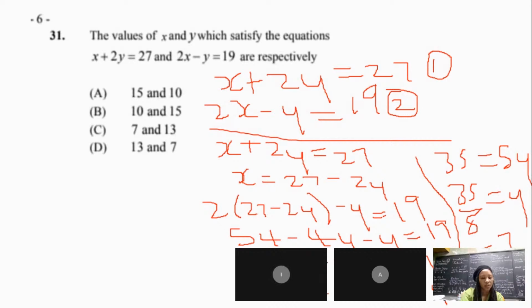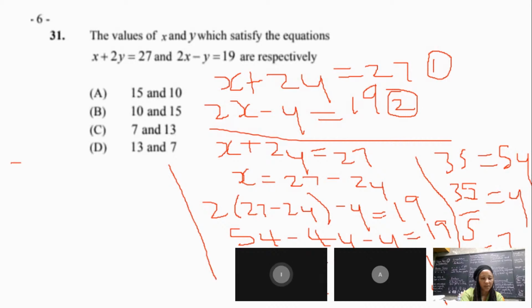And now we can plug that into the top equation and get x. So we have x plus 2 times 7, since we're substituting 7 for y, equals 27. Which one are you using? The x plus 2y? Yes, miss. Use the other one since you used this one for y. So use the other one now.